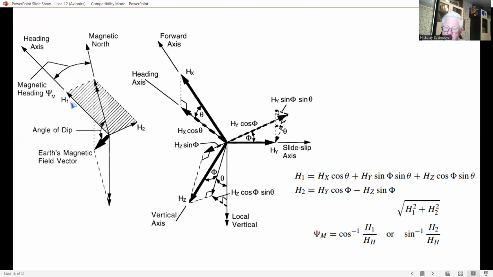We have the heading axis and magnetic north. The angle is the magnetic heading psi M. And we have the heading magnetic angle as psi G angle.